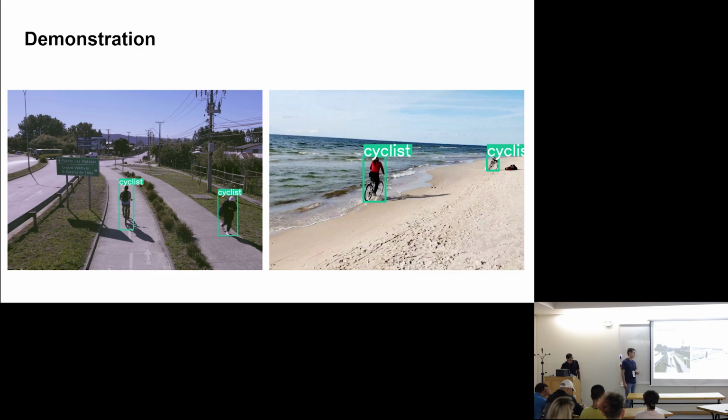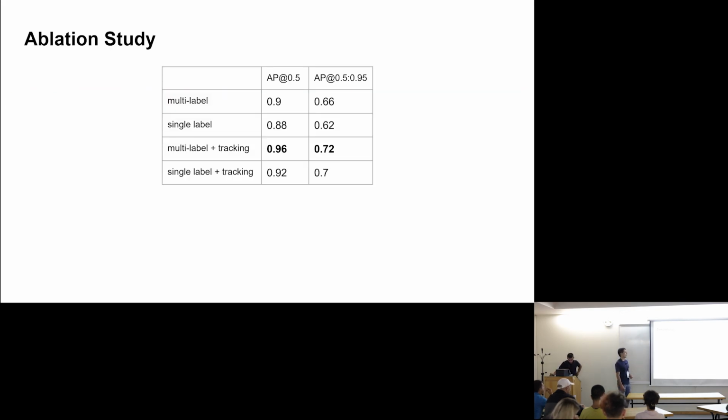I know that this is not the best solution, because it can be hard for the model, but as we can see from our metrics, when we applied multi-label training, the average precision score improved slightly, and when we also added the tracking part, it got even better.